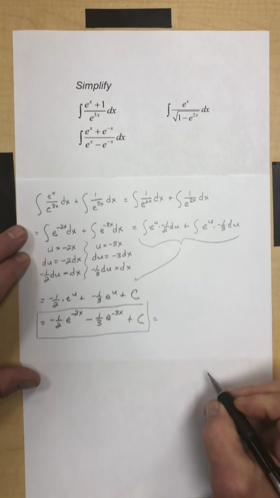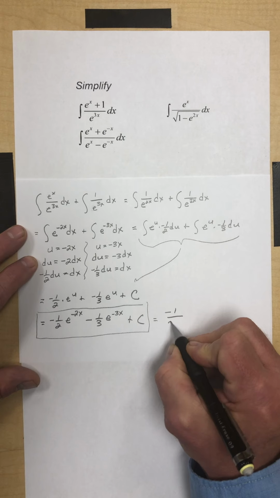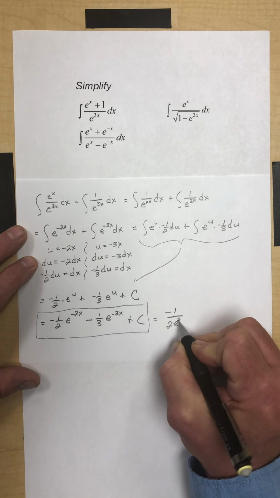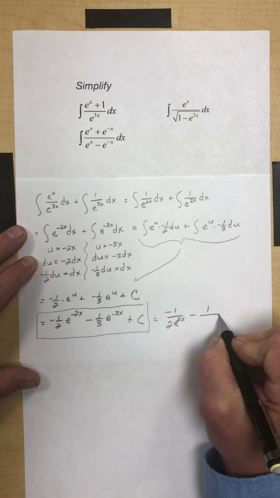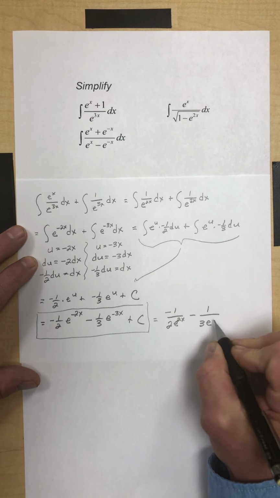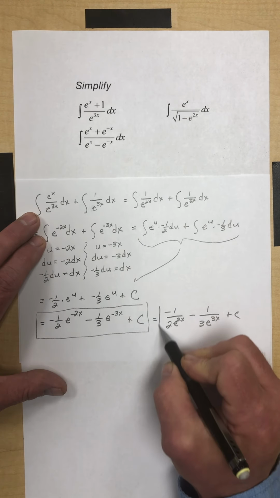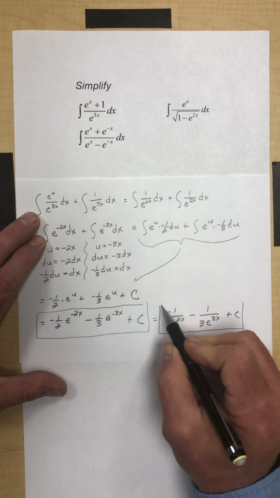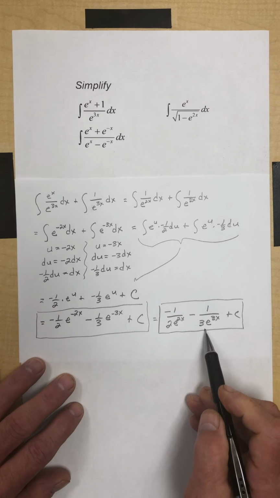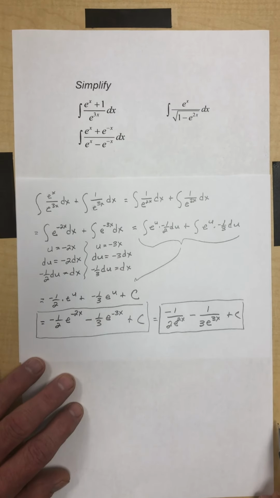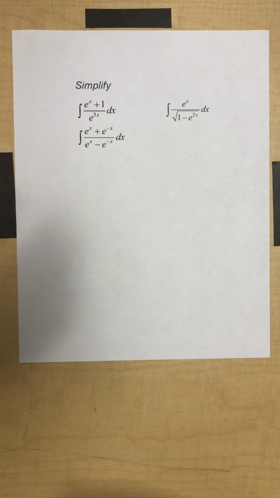So I would probably write my answer as negative 1 over 2e to the 2x power minus 1 over 3e to the 3x power plus c. I like that guy better. Okay, but again, it doesn't really make any difference. This is acceptable. I just think that one's a little bit cleaner looking because we get rid of the negative exponents. Okay, all right, first one's done.